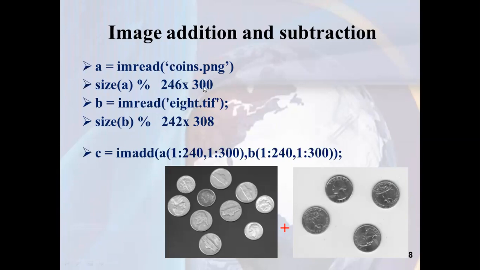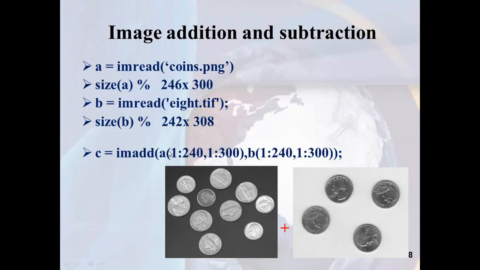This is the number of columns, 300 versus 308, so I cut 8 columns from the image B in order to have the same size: 240 as the number of rows and 300 as the number of columns. So I cut here 6 rows. Here I cut 2 rows and 8 columns.